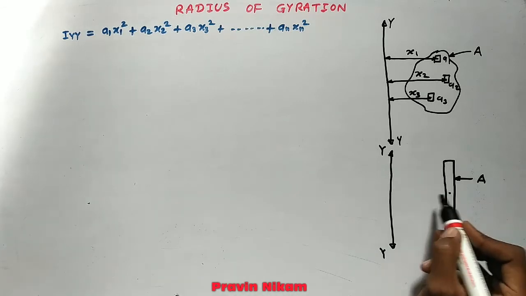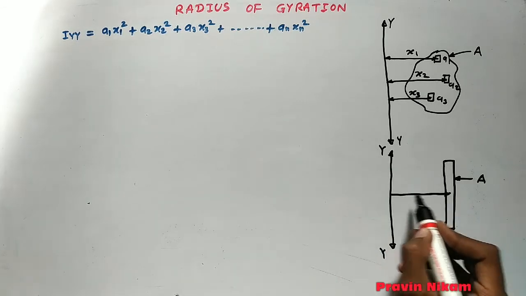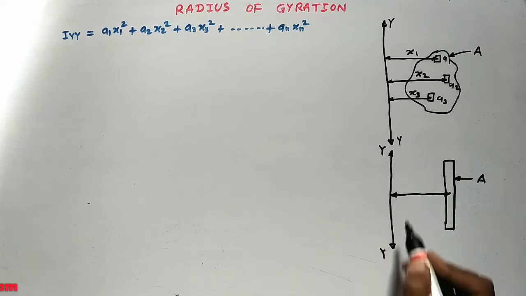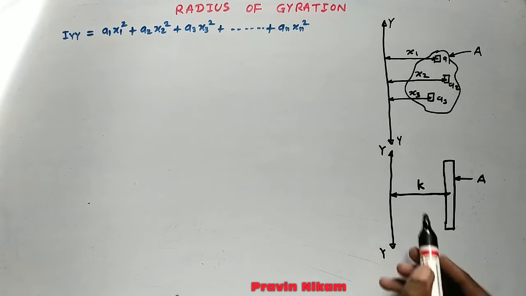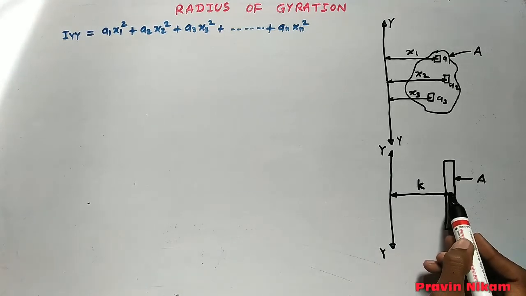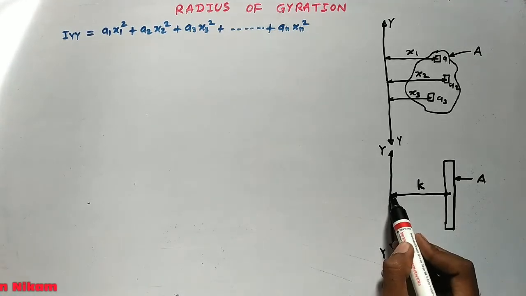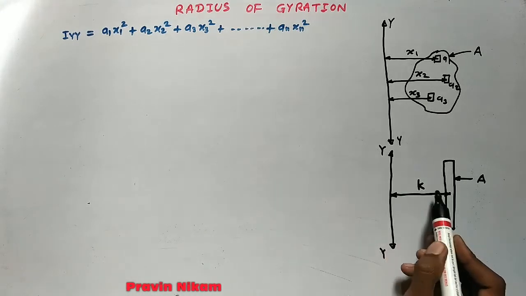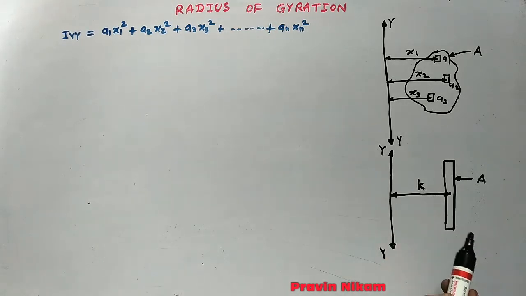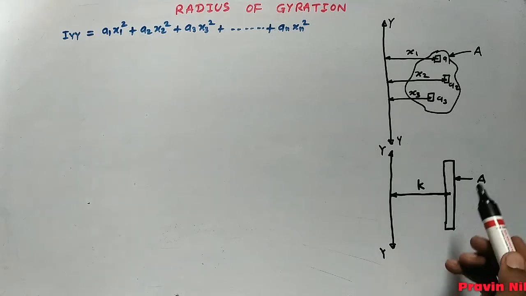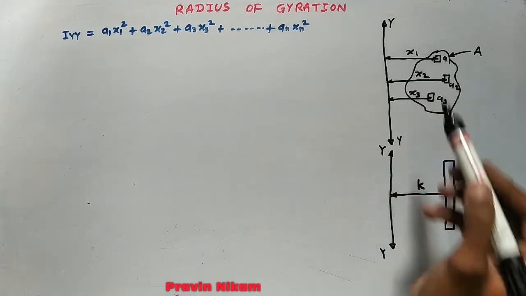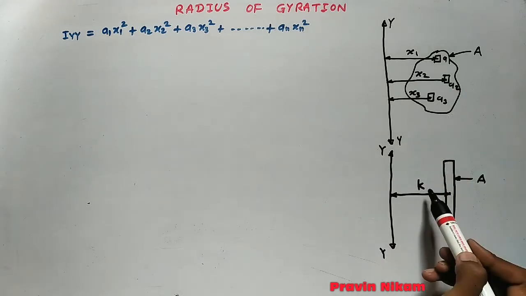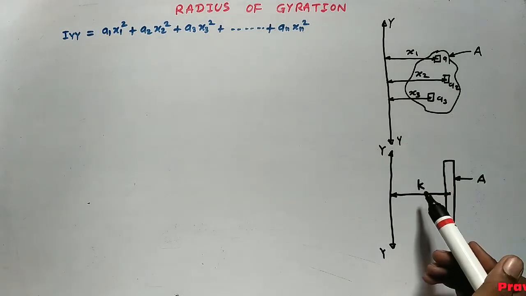Say k is the distance between this narrow strip and the reference axis y. Now that we converted this area into a narrow strip, x1 is k, x2 is also k, and x3 is also k.